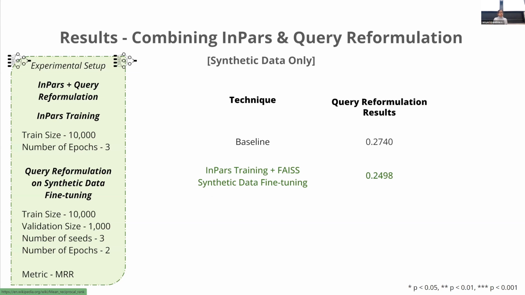And when we're fine-tuning, instead of using the query reformulation technique on the original data, we use it on the synthetic data itself. So at this point, everything is just synthetic data, and we're not introducing any sort of original data. We do observe that it is not competitive with the baseline, but given that there is no original data involved here at all, it does perform relatively well on the validation set.